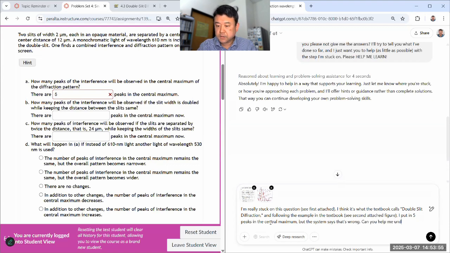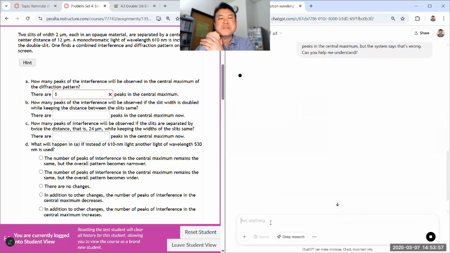Can you help me understand? Let me see what kind of help ChatGPT will give.